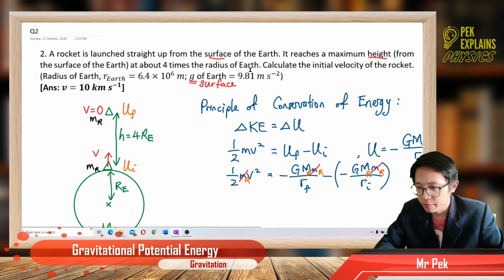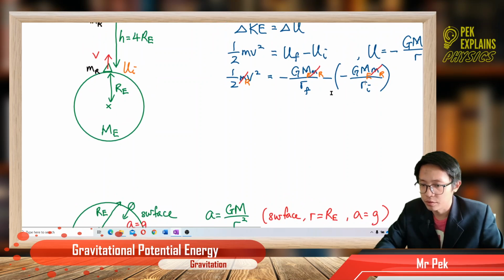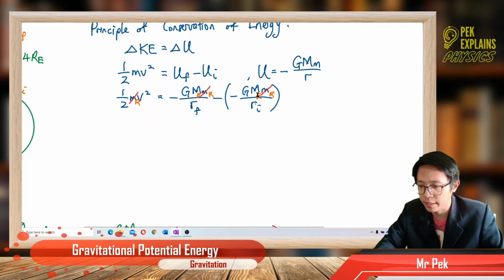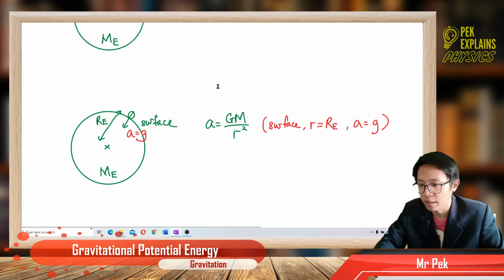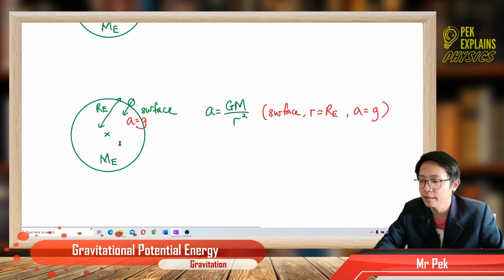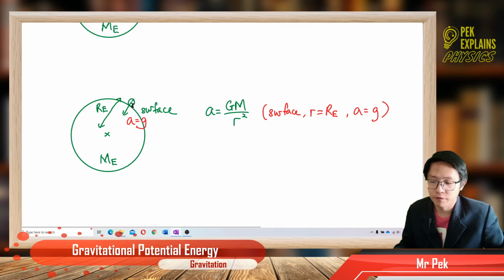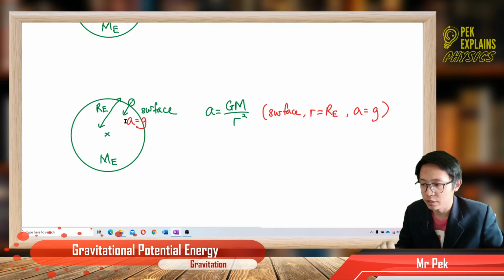It didn't provide us the mass of Earth, but it gives us the gravity on Earth's surface, 9.81. g is the symbol of the gravitational field strength on the surface. Since I don't have the mass of Earth, I cannot continue, so I need to make use of g on the surface. Let's assume the object is on the surface. The gravitational field strength is equal to g, the gravity on the surface.